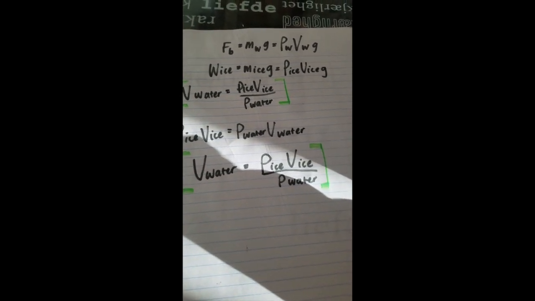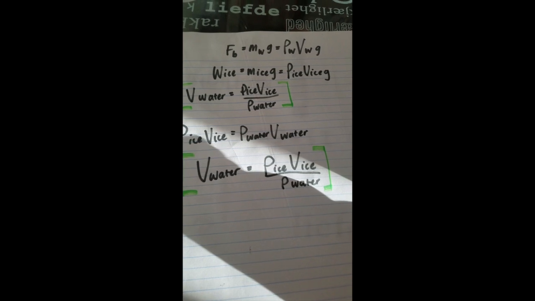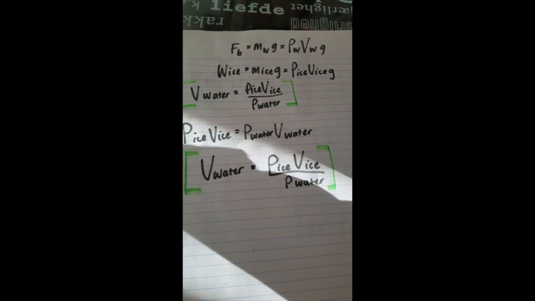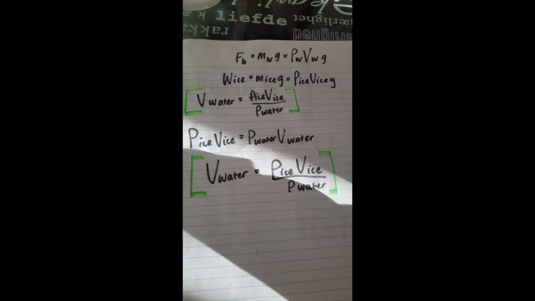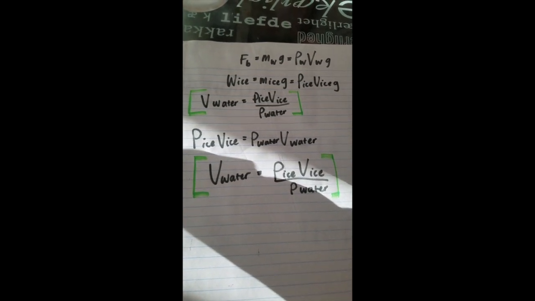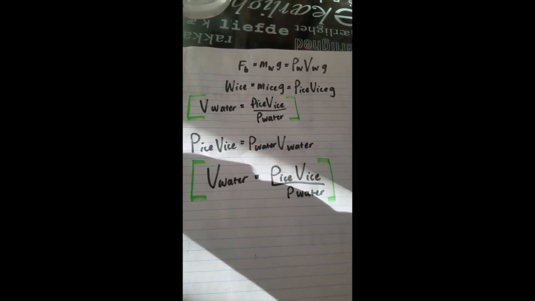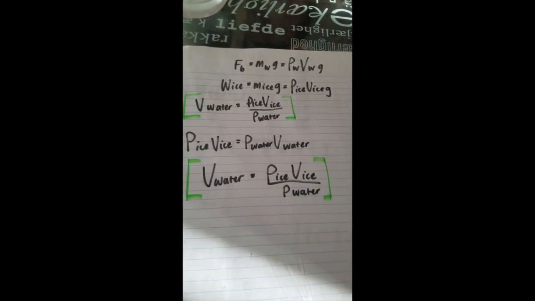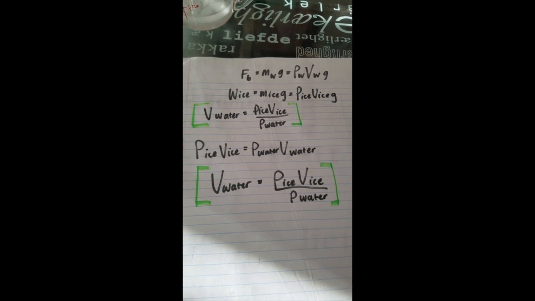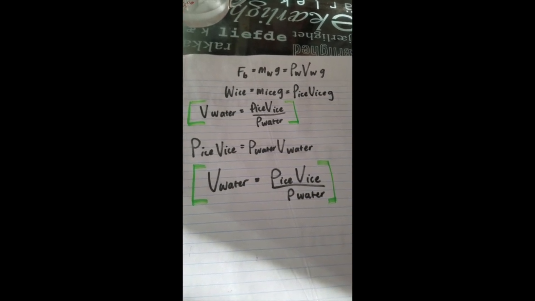So the mass of the water is the density of the water times the volume of the water displaced. So the weight of the ice cube is the mass of the ice times the gravitational force, which is equal to the density of the ice times the volume of the ice times the gravitational force.